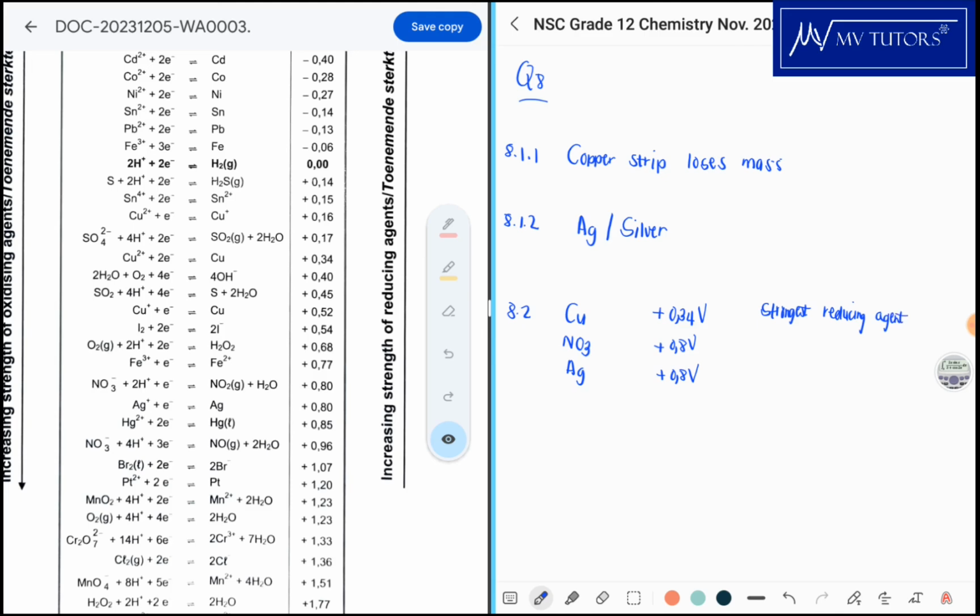It will be oxidized. And then silver, on the other hand, will be your strongest oxidizing agent, as it will be reduced.